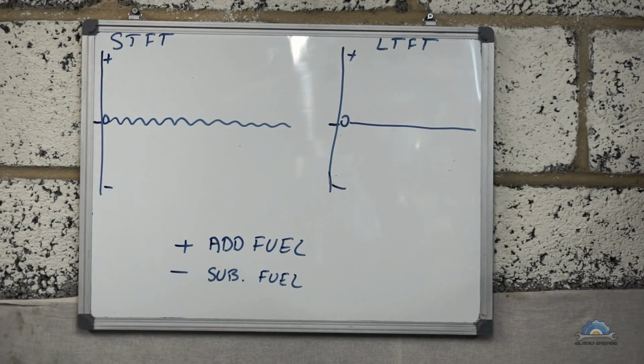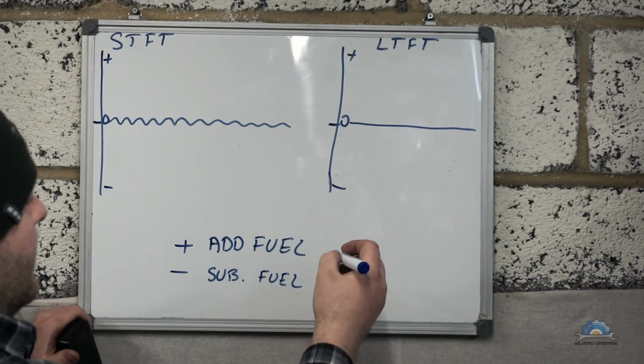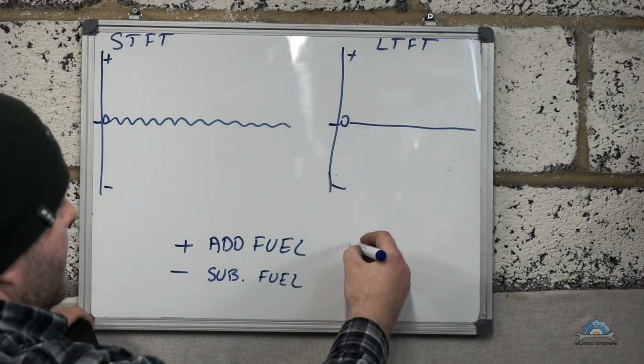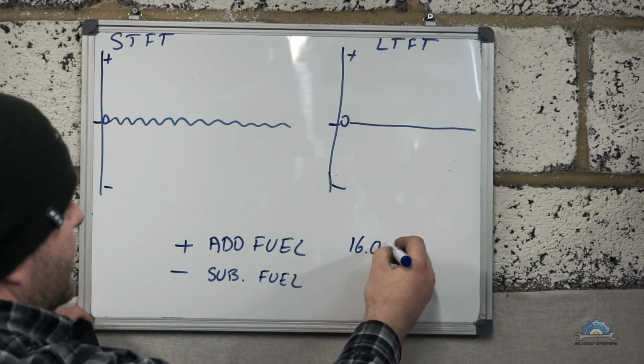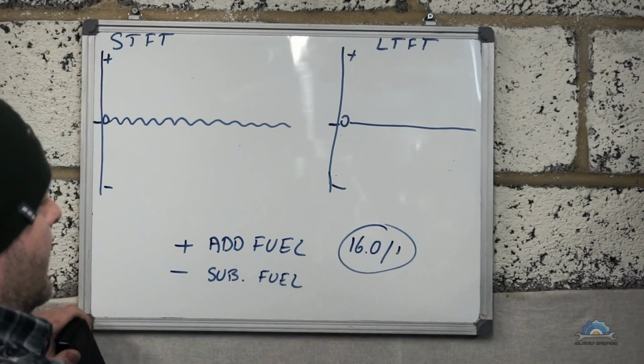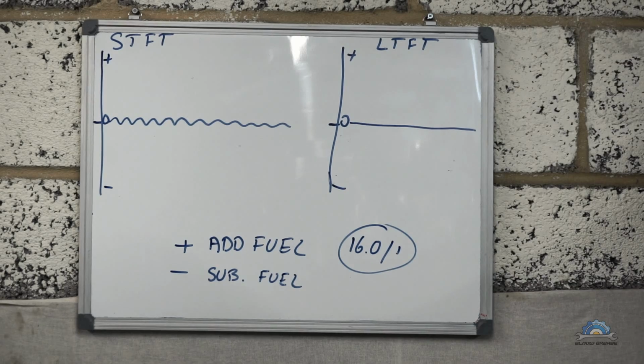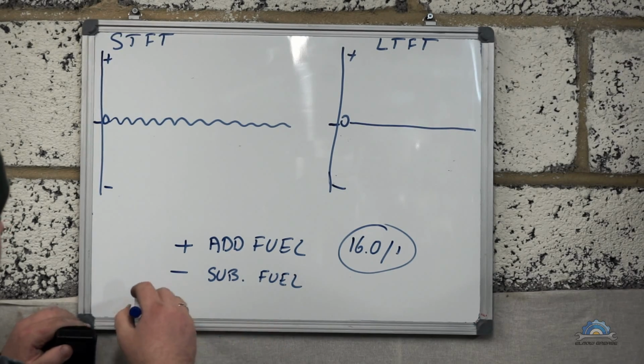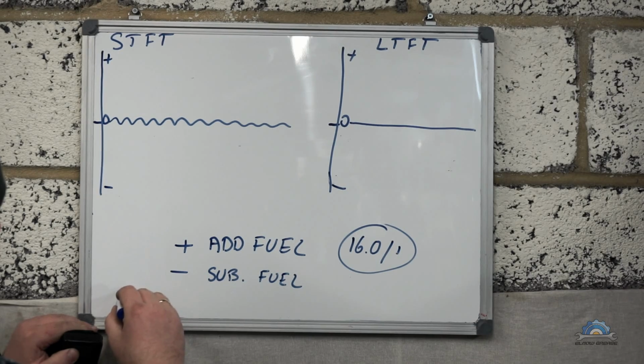What's happening if we have a vacuum leak? For example, there's more air, say 16 parts of air to 1 part of fuel. We have a vacuum leak, we have more air going into the engine, so the voltage of the O2 sensor is gonna be low.